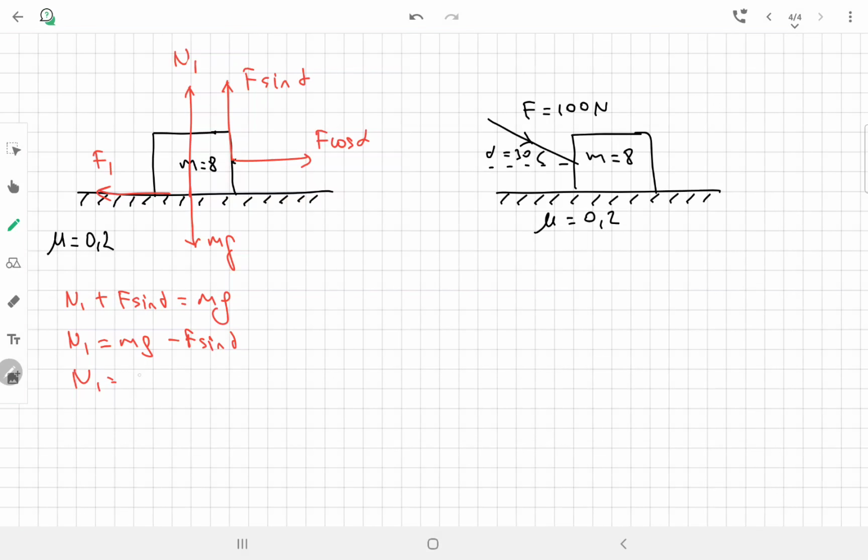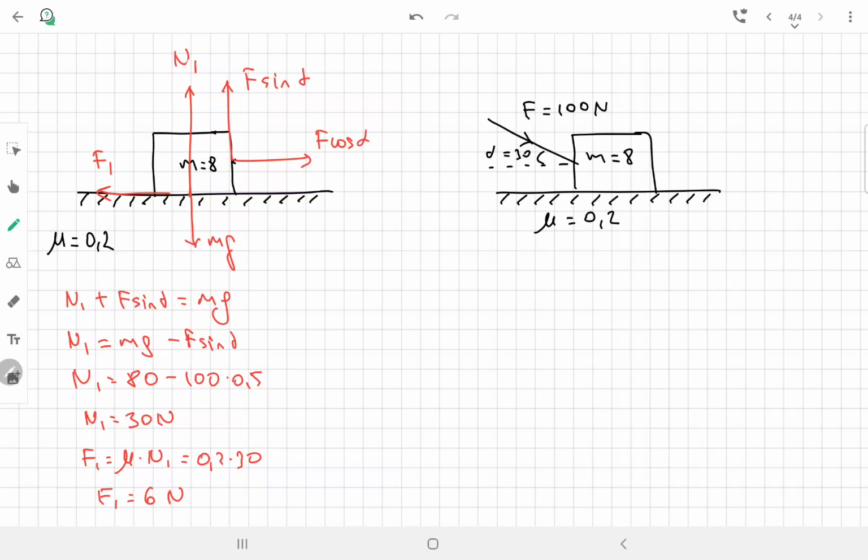So mass is 8, so 80 minus force 100 times sine 30, 0.5. So normal force will be equal to 30 newtons, as you see. So friction force equals coefficient times normal force. So 0.2 times 30. So friction force in this case equals 6 newtons.